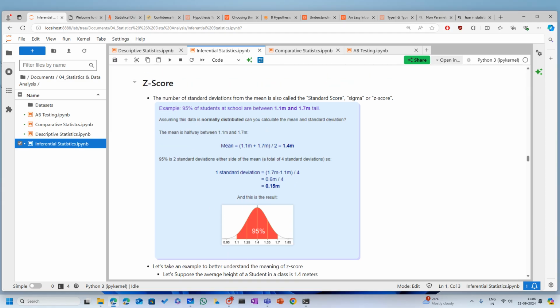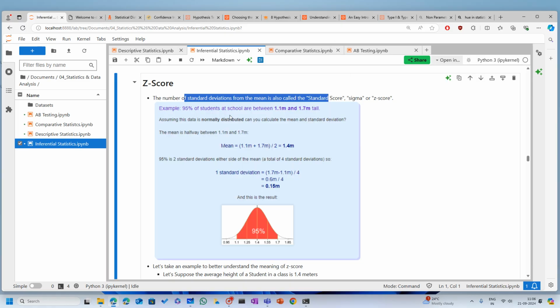Here they have taken the example of students' height. If 95% of the students at school are between 1.1 and 1.7 meters tall, assuming the data are normally distributed, you can calculate the mean. Basically, the mean is at the center, we know. You have to picturize this normal graph. You just add those and divide, so the mean would be 1.4 meters.